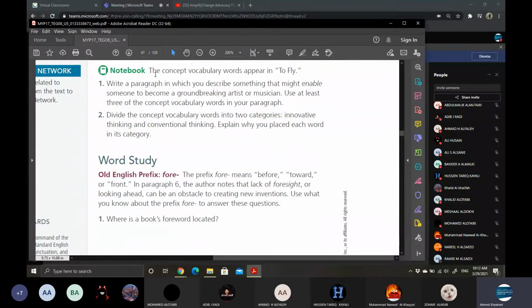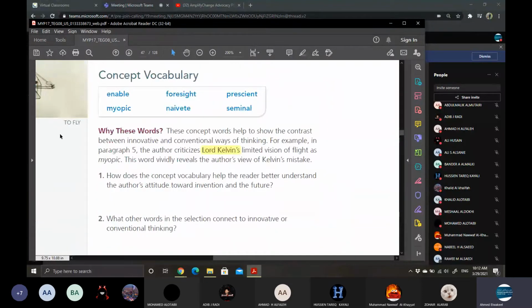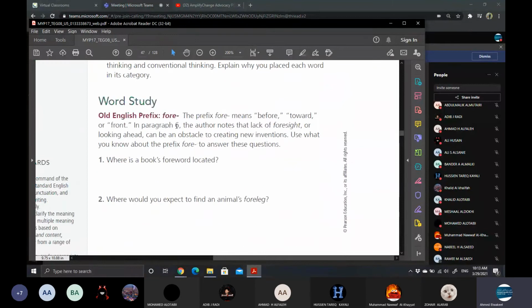And we need to know that the concept vocabulary words appear in two slides. We need to write a paragraph that describes something that enables someone to become a groundbreaking artist or musician. We use at least 3 of the concept vocabulary words in our paragraph. That's of course your assignment.